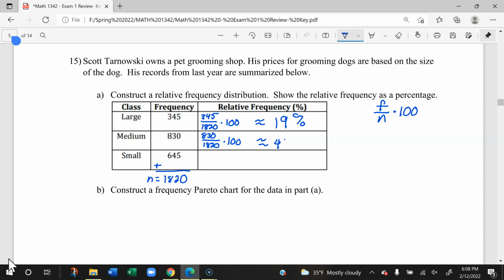That'll be approximately 45.6%. And then 645 divided by 1820 times 100, that will be approximately 35.4%.